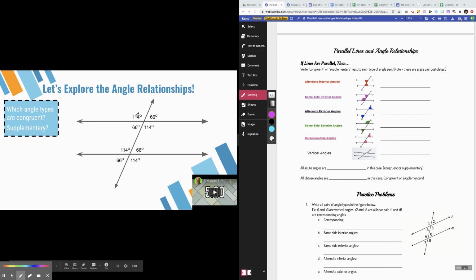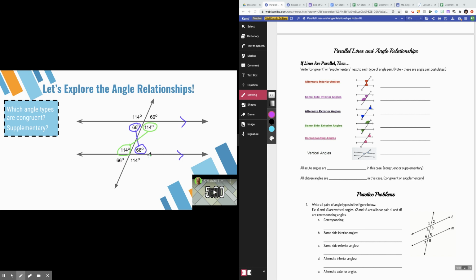some measurements, and I'll tell you, these are parallel lines cut by a transversal. So if we look at, say, our alternate interior angles here and here, and the other pair would be here and here, what we notice is that the alternate interior angles are congruent to each other.